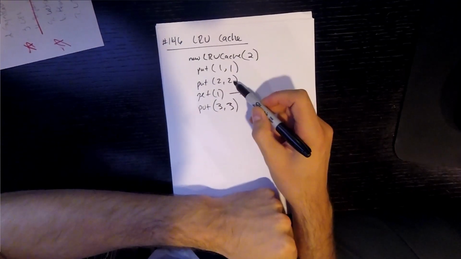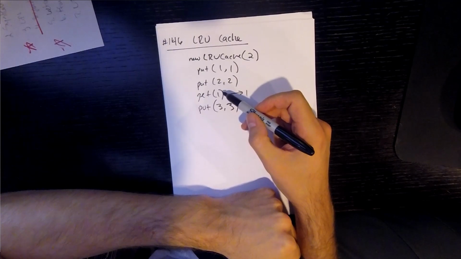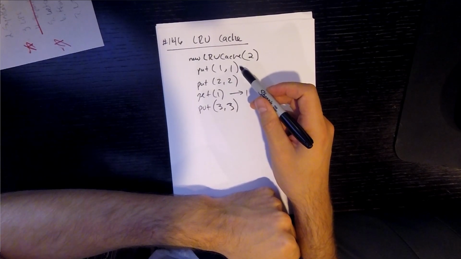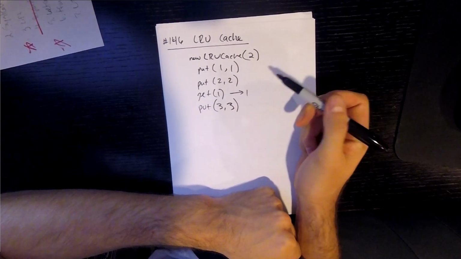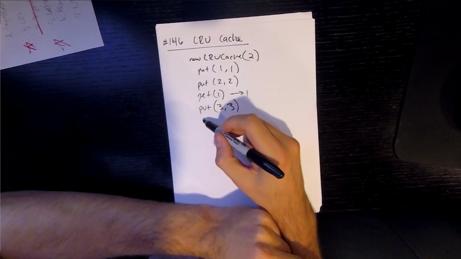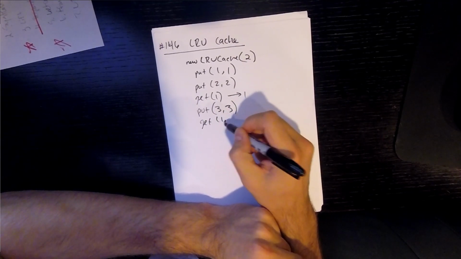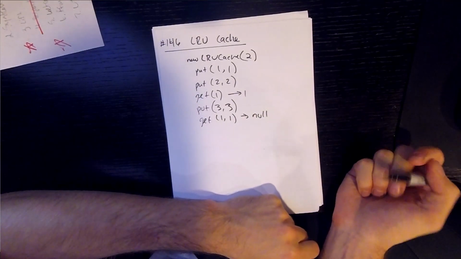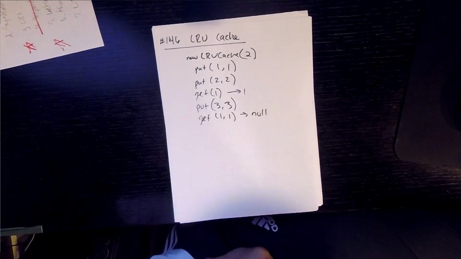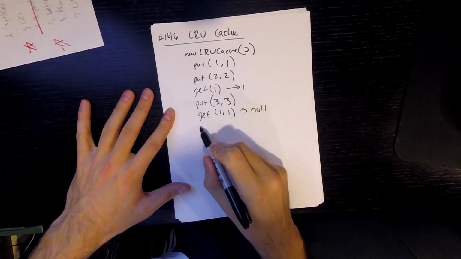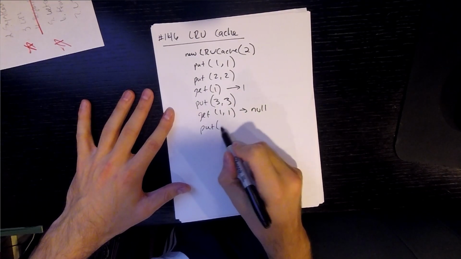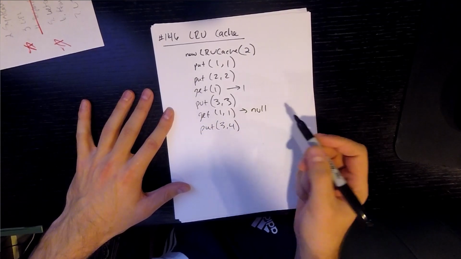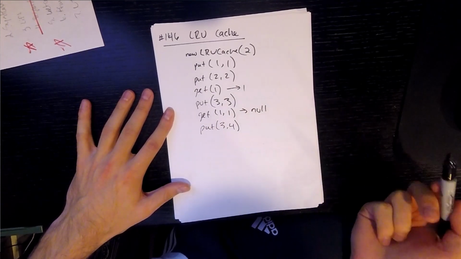Put just got used, get just got used, so now 1 should be evicted from the cache. So a get at 1 would return null. Additionally, if you were to do a put at 3, 4, that would just update this value and not increase the capacity.